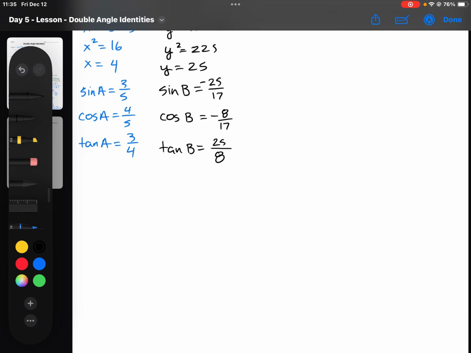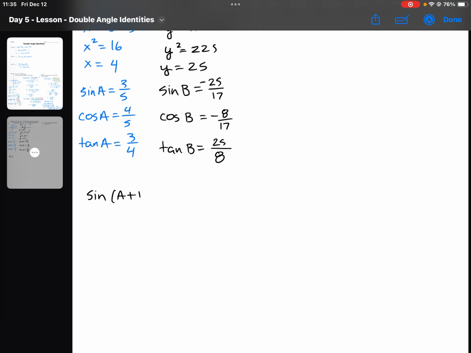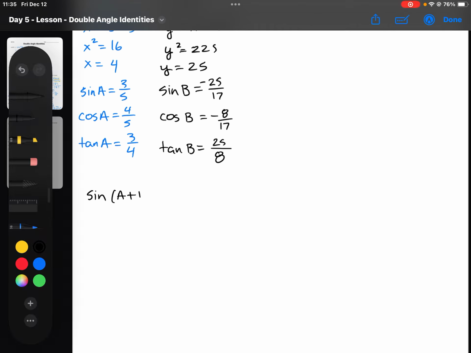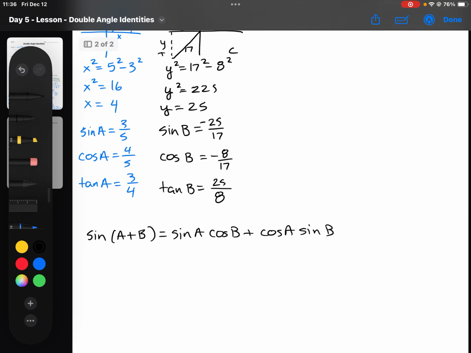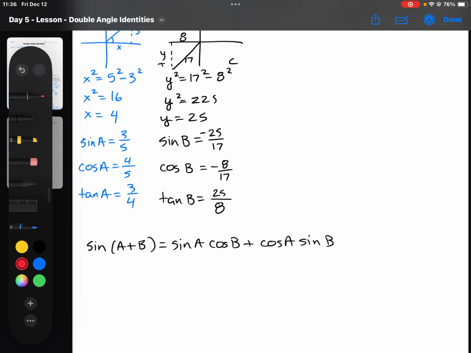So next, I'm going to use my addition identities to figure out what each of those values are. The first one that I'm looking at is sine of A plus B. I know that that identity is going to be sine A times cos B plus cos A times sine B. And so I'm going to replace those values with the trig ratios that I calculated.